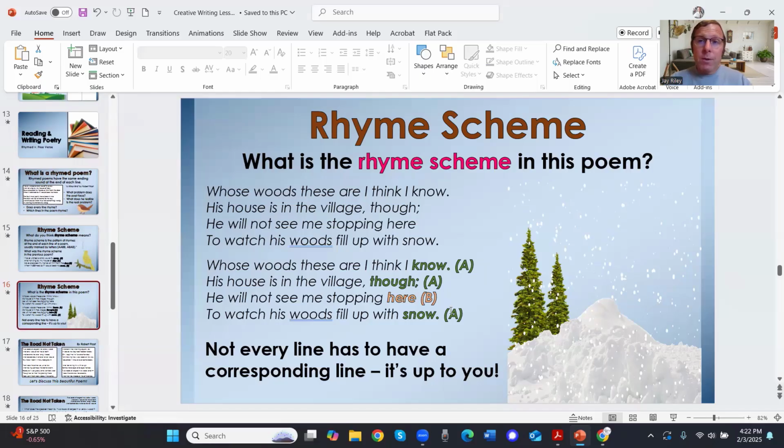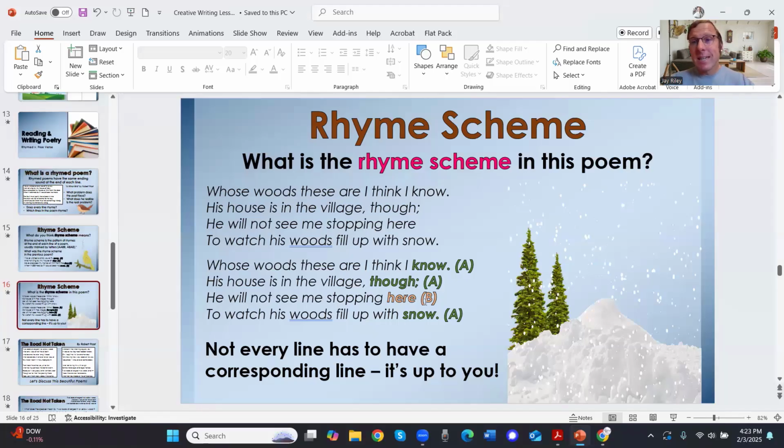The way we figure out rhyme scheme is when we see that first line, that first letter is going to be A. If the next line has the same ending sound, we're going to give it the same letter, A. So know and know. I'm going to give though an A because it sounds just like that first rhyme there. When I go on to the next line, here is a new sound.